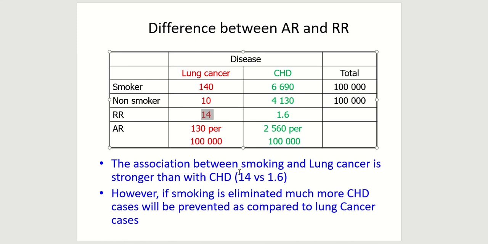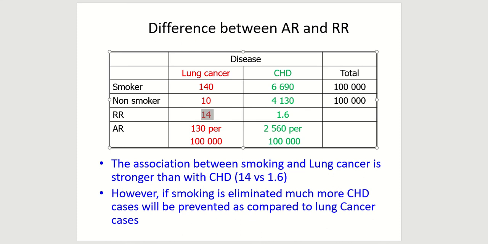So eliminating smoking is going to save many more people from CHD than it's going to save them from cancer. And that's the nature of the thing. This is totally normal because the incidence rate of CHD is much larger in both groups compared to lung cancer. So that was the last thing I wanted to discuss about attributable risk and risk reduction.